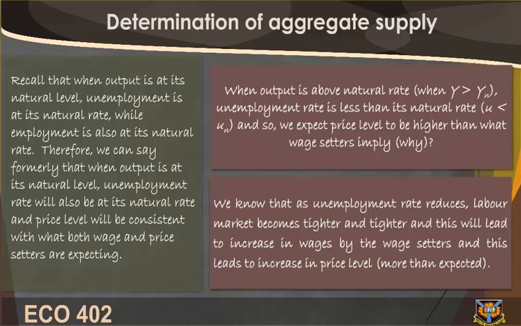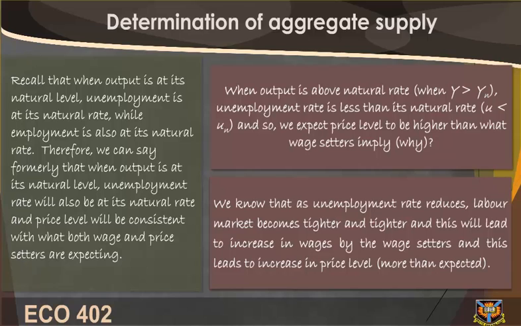Recall that when output is at its natural level, unemployment is at its natural rate. Therefore, we can say formally that when output is at its natural level, unemployment rate will also be at its natural rate and price level will be consistent with what both wage and price setters are expecting.